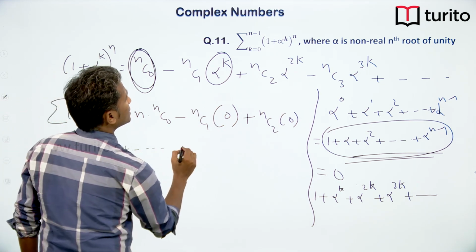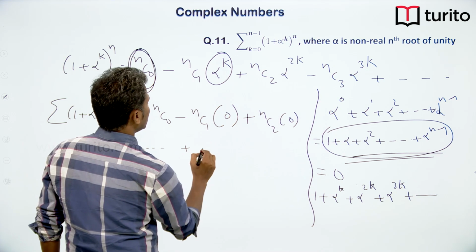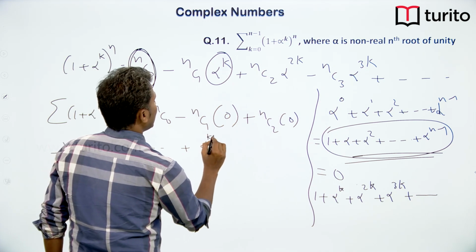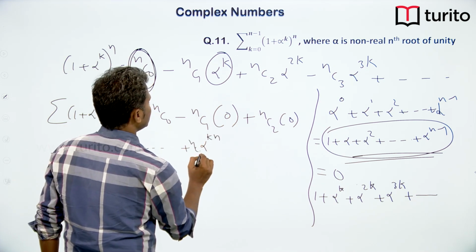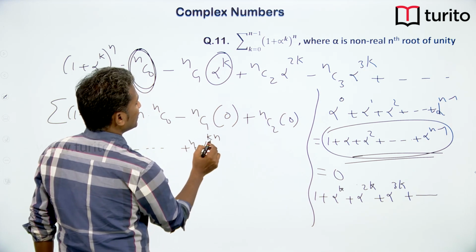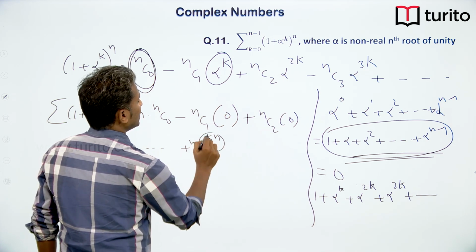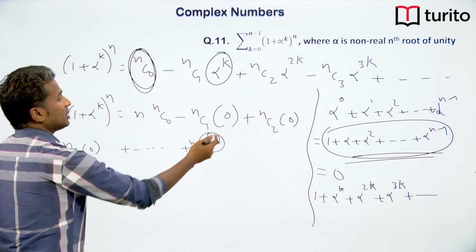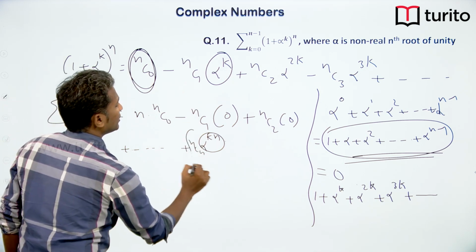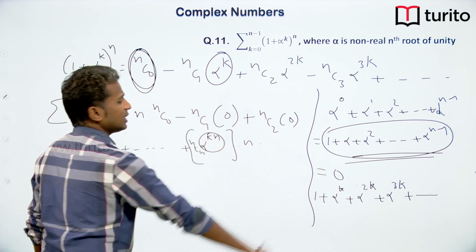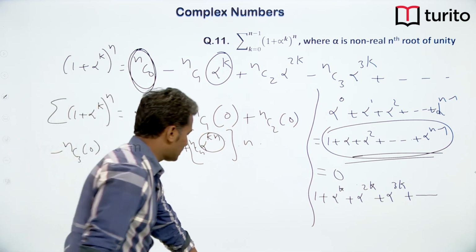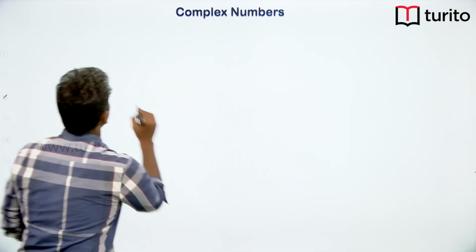Now, for the last term, I will get something like alpha power kn NCN. But alpha power kn is 1, and also we are applying summation for n terms. So, there will be one extra term here. I will just explain it with this rough work.